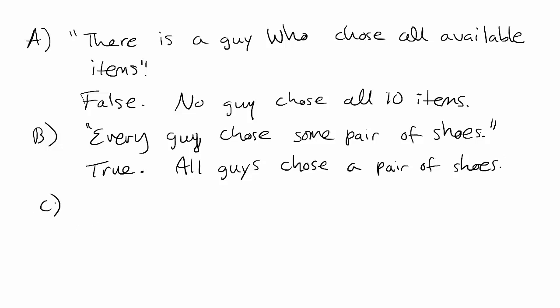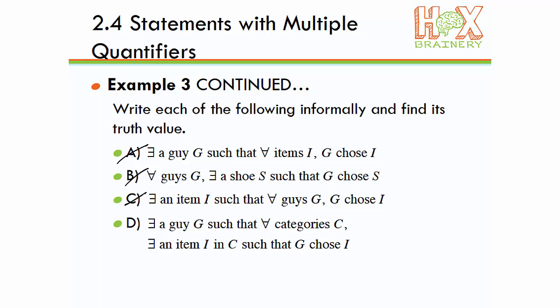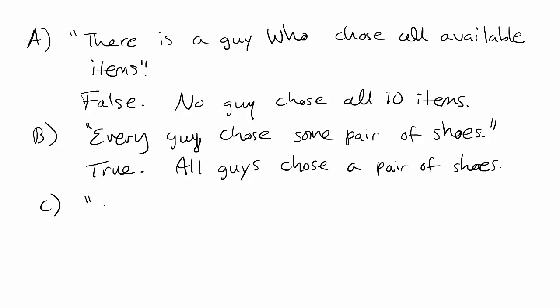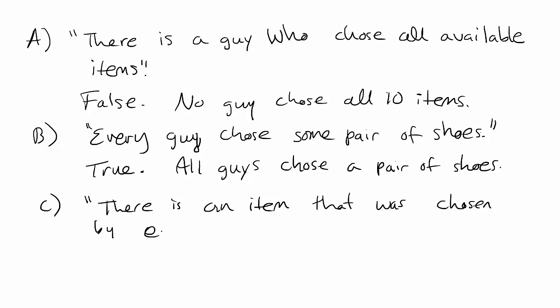And then part C, there exists an item I such that all guys G chose item I. So this would be there is some item such that all guys chose it, or I'll put this even more informally, there is an item that was chosen by all the guys, every guy.